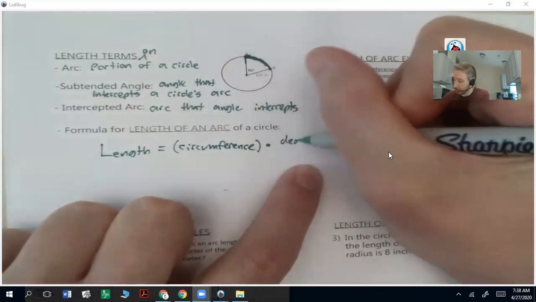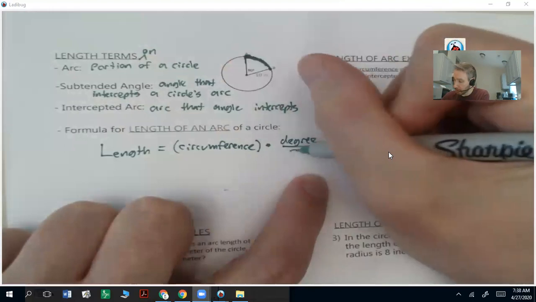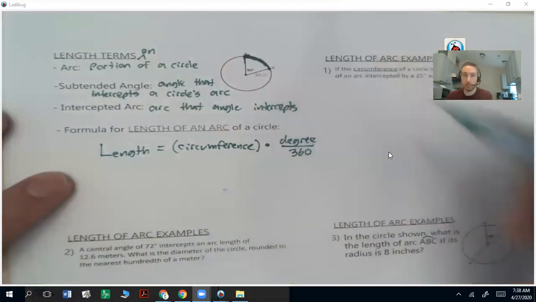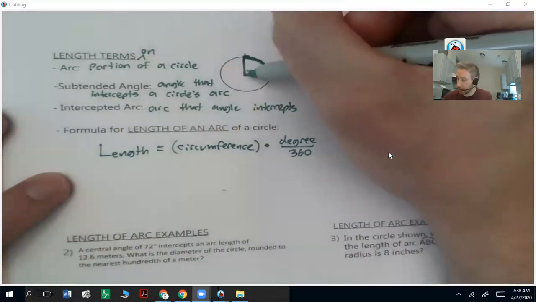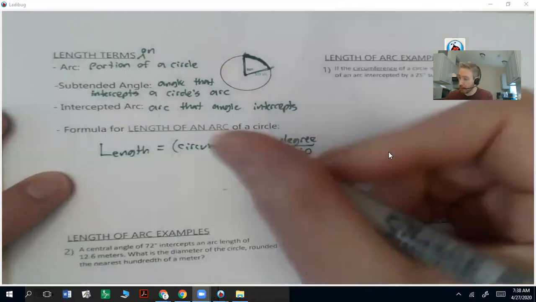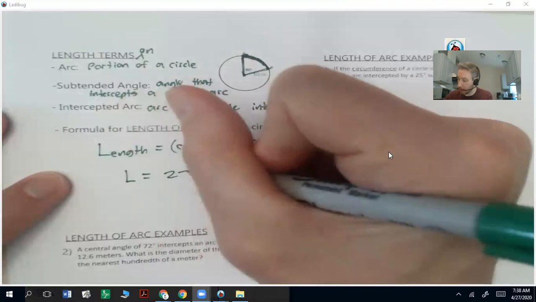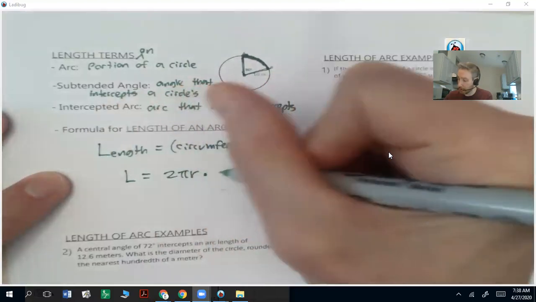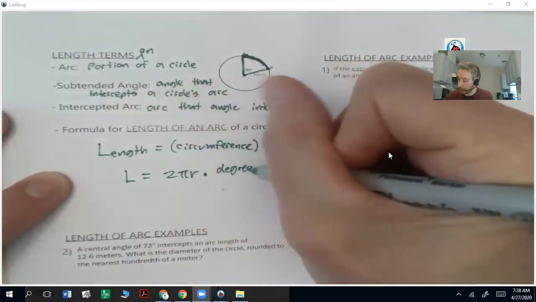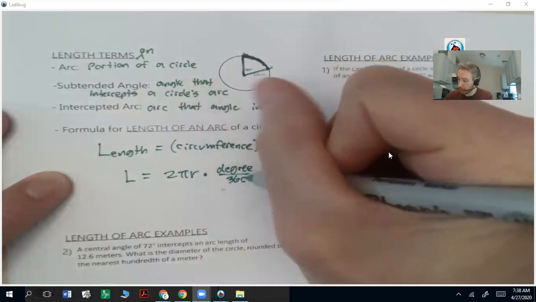So we'll say times degree over 360. The degree in this case being 80 and the radius being 10. If you want to go right to the formula, you could say L equals 2 pi r, because that represents circumference, times degree over 360. That's what I usually use.